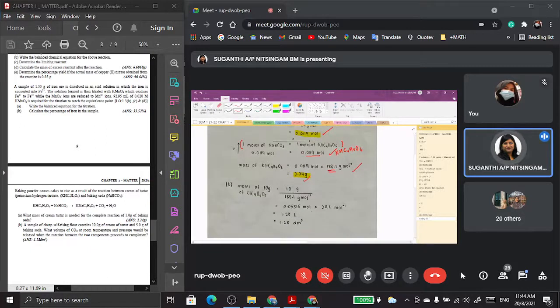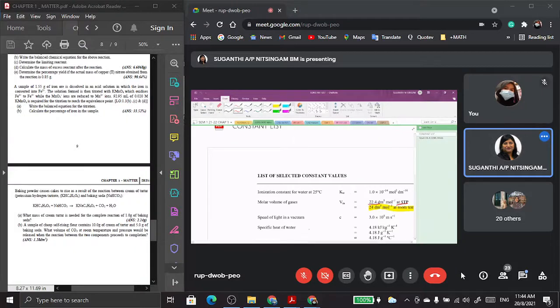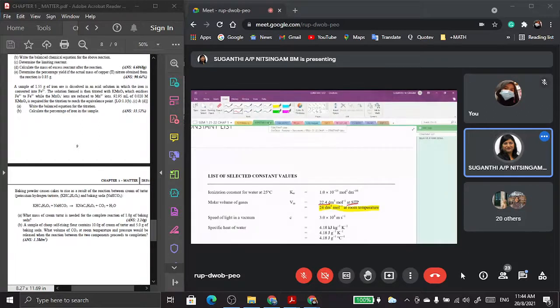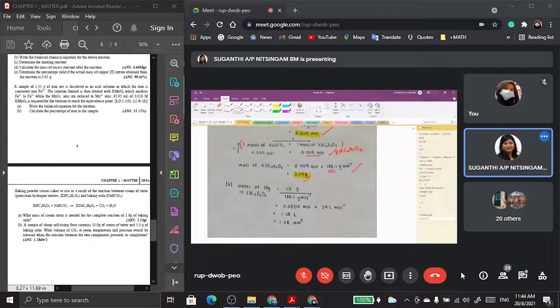Okay, from here you must know, kalau you tengok constant table kita ni, kat depan ni masa exam pun dia akan bagi, at room temperature 1 mole sama dengan 24. Okay, so sebab tu dia tulis kat sini. Sebab ni kat sini ya, dia dapat mole sebanyak ini. Here girl, you must make a note.